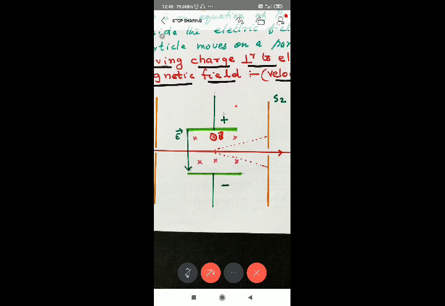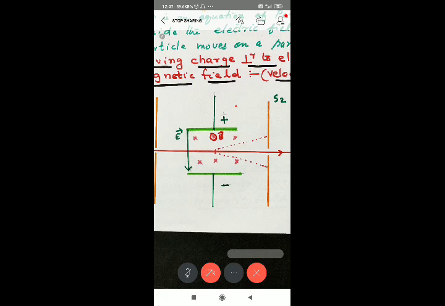Aifa? Steffi, can you tell? Downwards. Downwards. Force acting on the particle is also downwards.